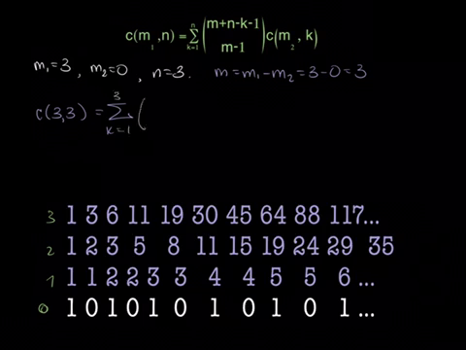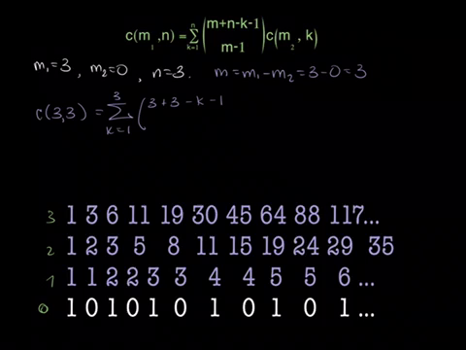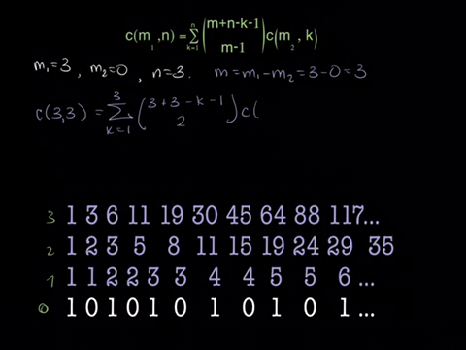Well, we have m is 3 plus n is 3 minus k minus 1. Choose m minus 1, which is 2. 3 minus 1 is 2, times C0,k. So we're going to be looking at the 0 row here. So the 0 row.